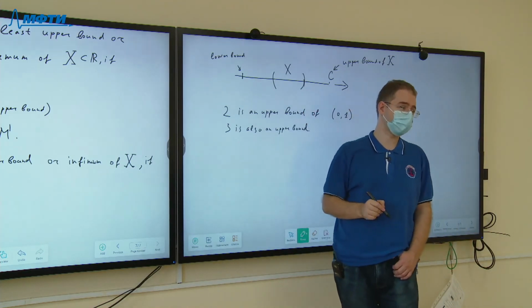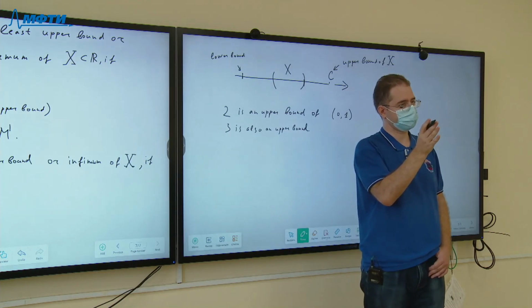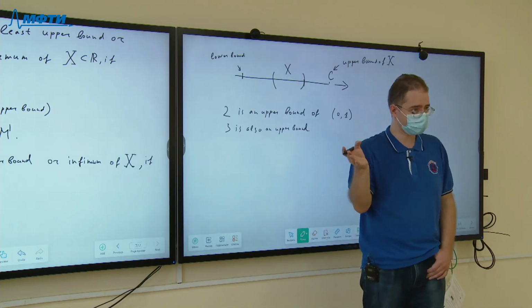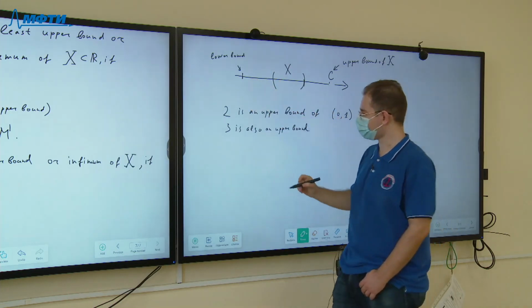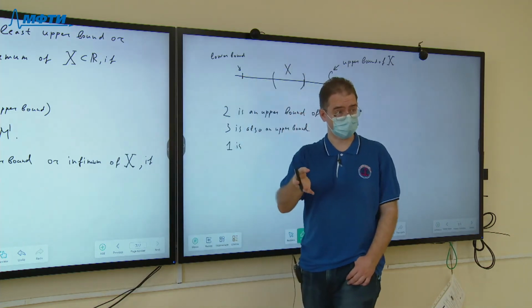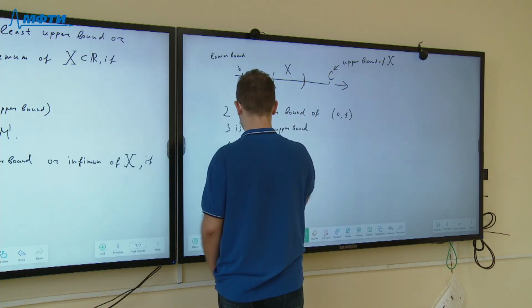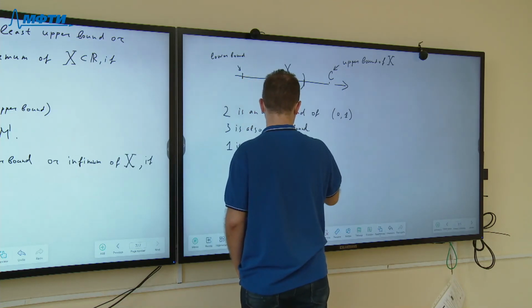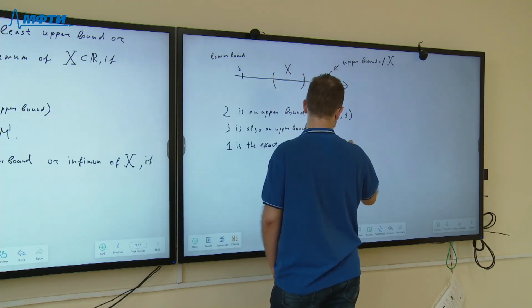And to specify the exact point where a number stops being an upper bound, we have the definition of an exact upper bound. This number 1 is also an upper bound, but this is the exact upper bound of an interval from 0 to 1.